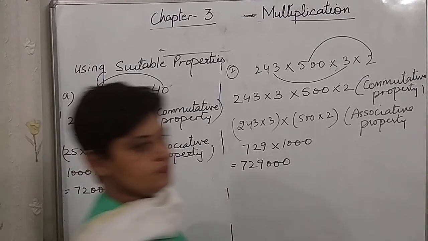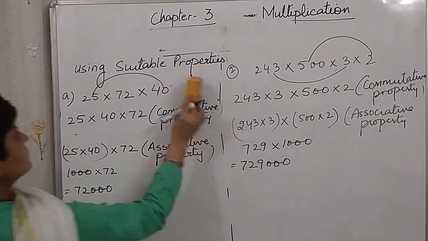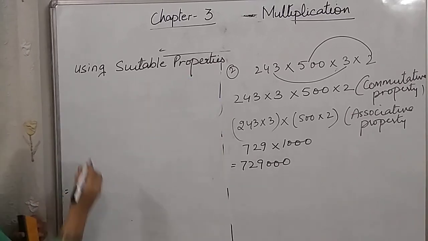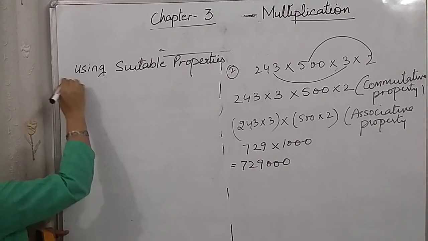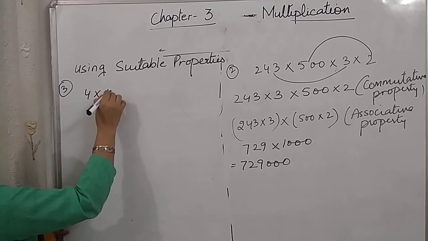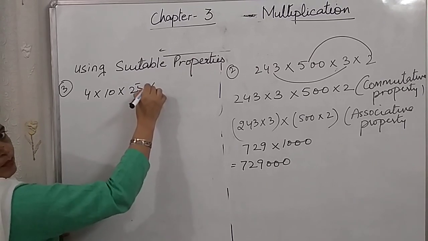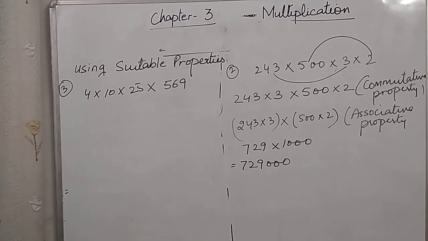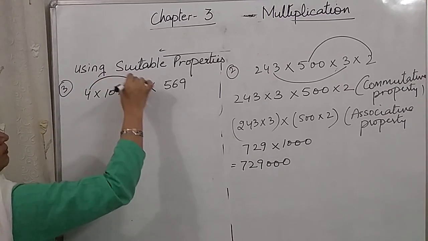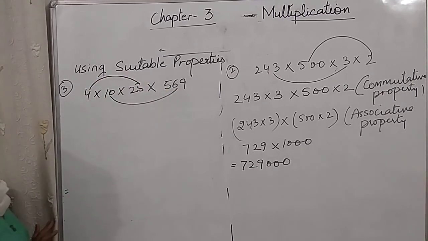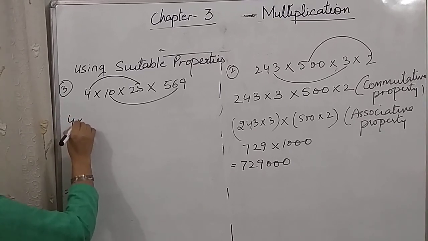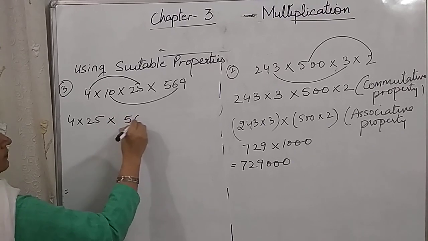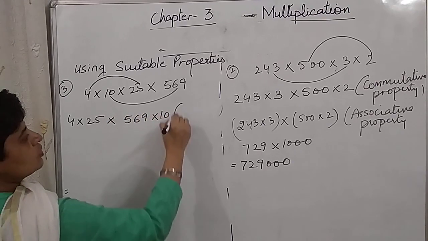Another question. 4 into 10 multiply by 25 multiply by 569. So in this case, again, we can multiply these two and these two. Let us first reorder. So this is commutative.